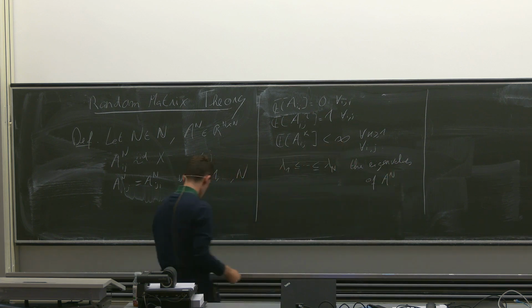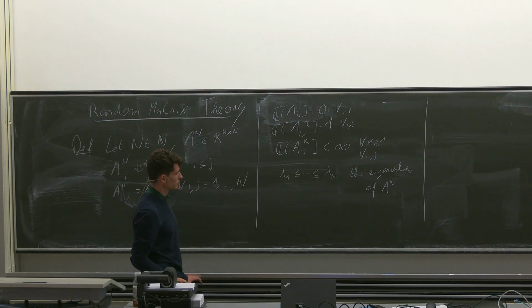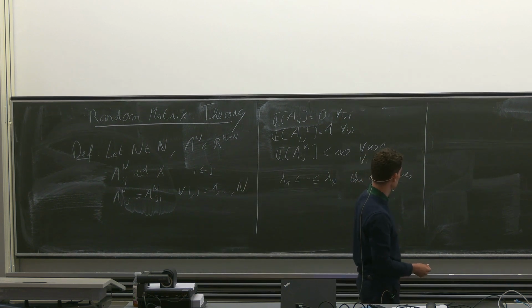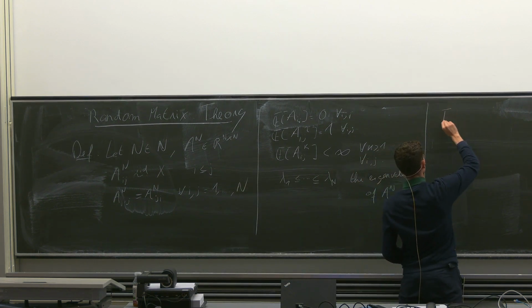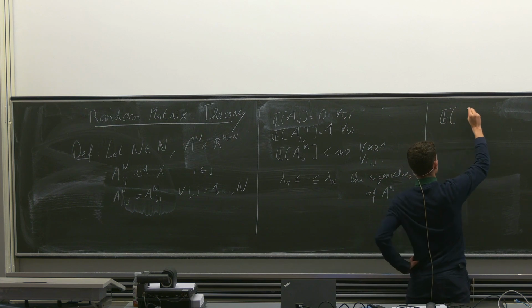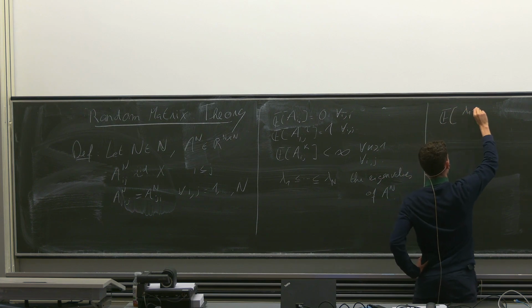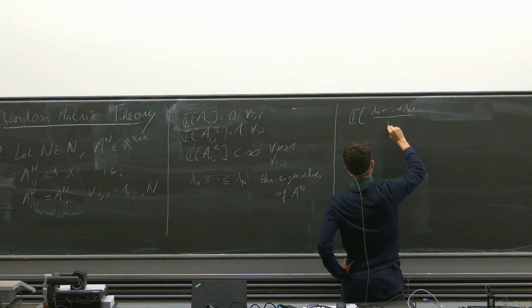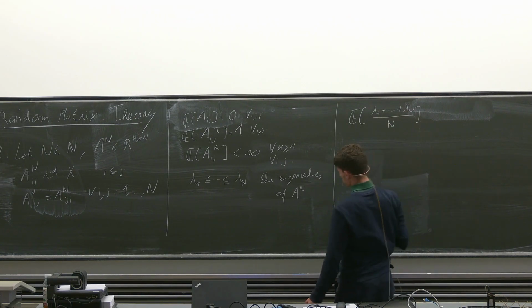Okay, and now maybe we can ask first some simple questions. So what would be the expected mean of these eigenvalues? So okay, what is the expectation of (lambda 1 plus ... plus lambda n) divided by n? So what would you expect this to be?